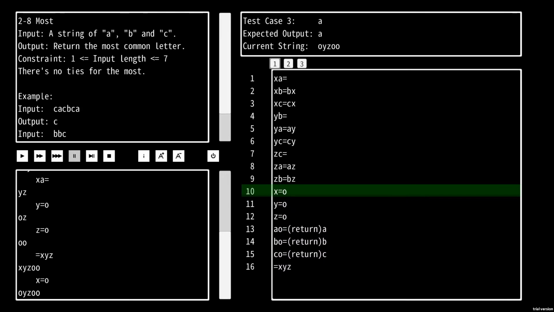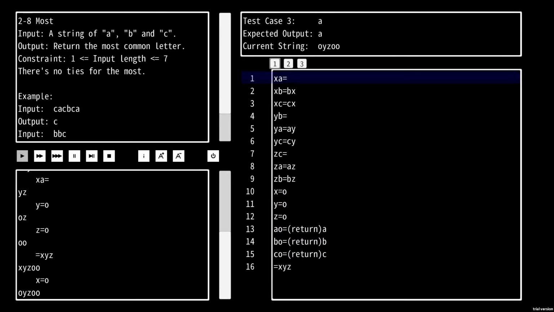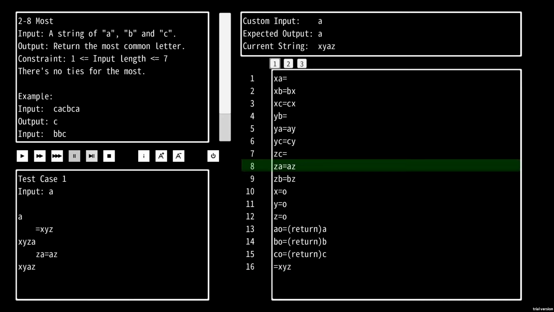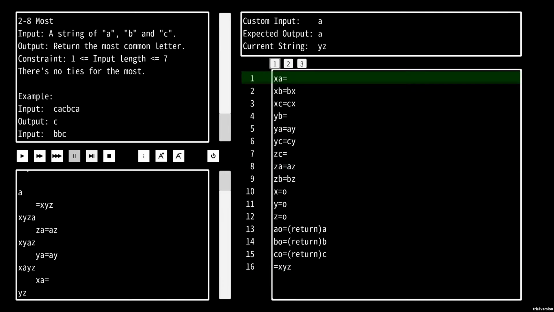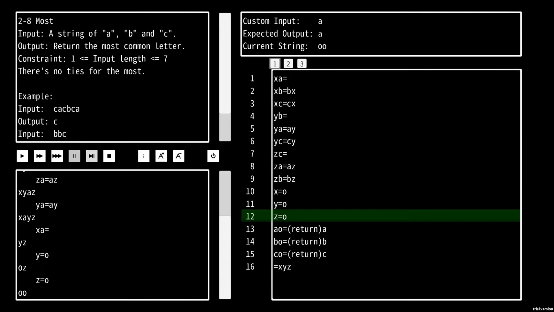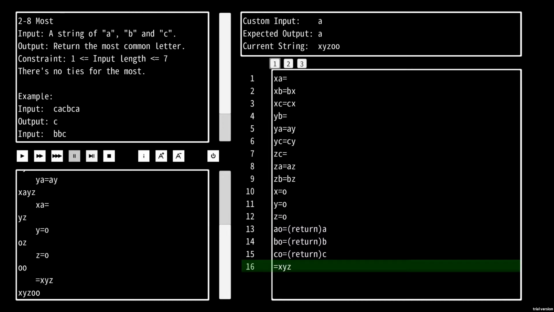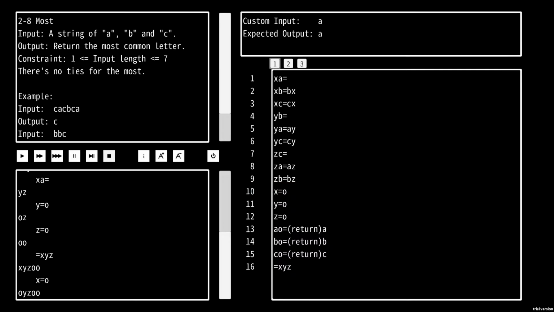What's going on here? Okay, so just the letter A has issues because it gets deleted immediately. That makes sense. So you know what?